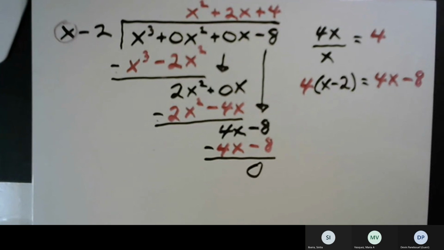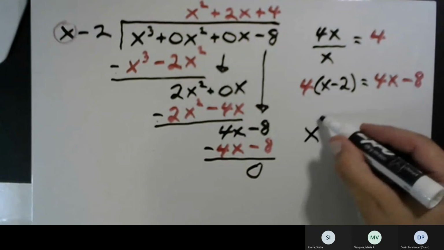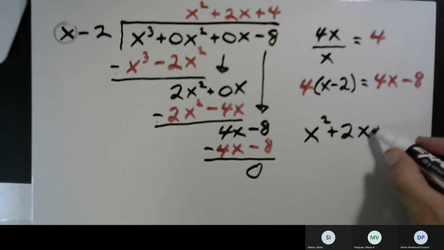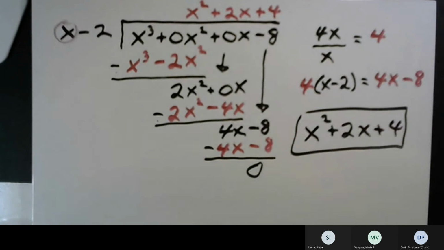So we have no remainder. So what's our answer? Well, it's just going to be x² plus 2x plus 4. Questions about that?